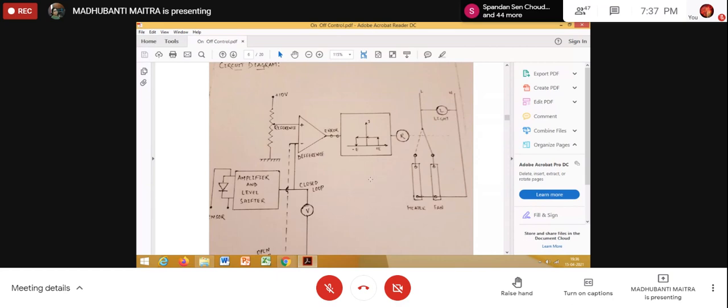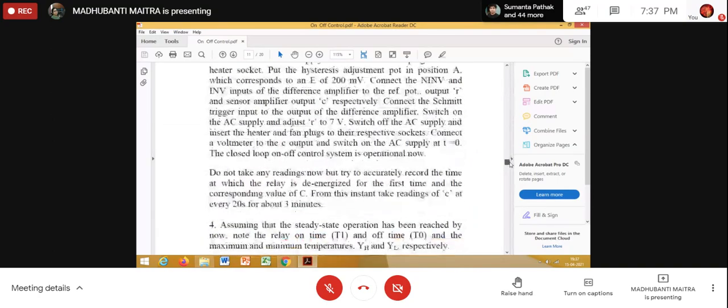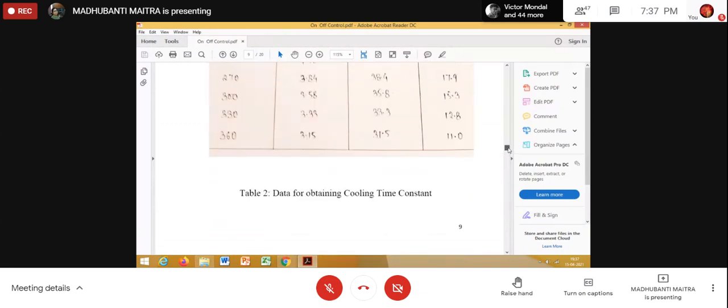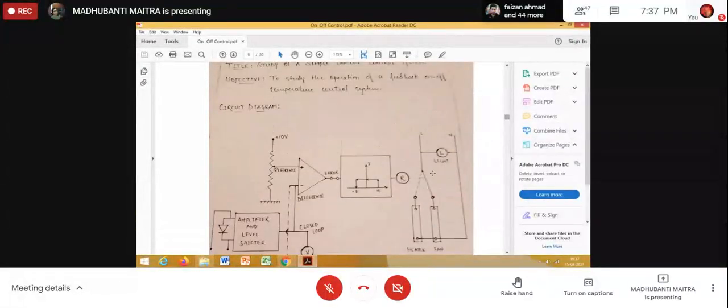Okay. So suppose, let's assume that in the last run, the temperature dipped to a value around 31 degrees centigrade, say 30 degrees centigrade, right?